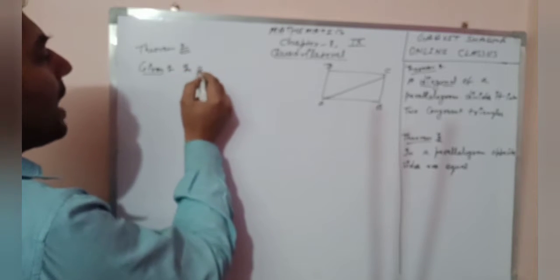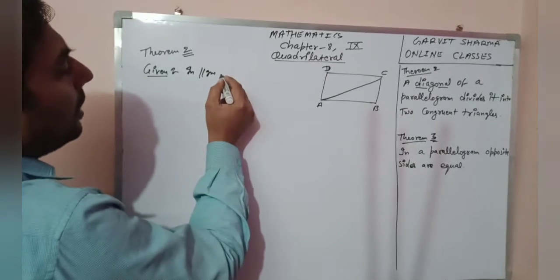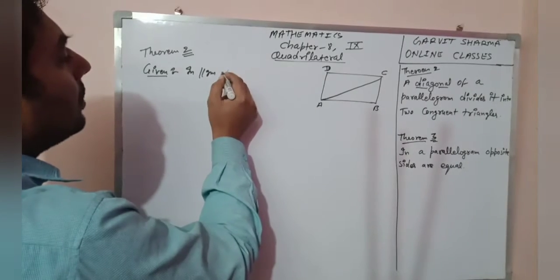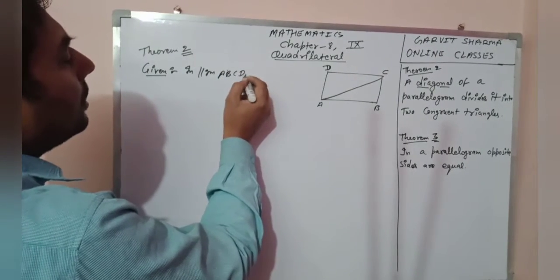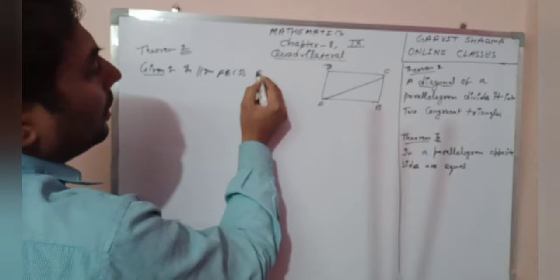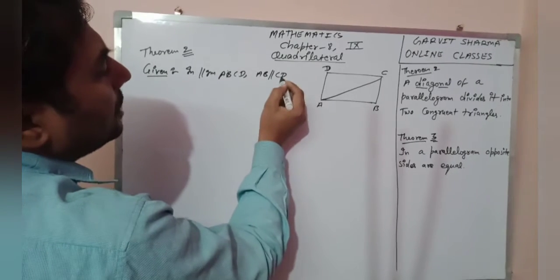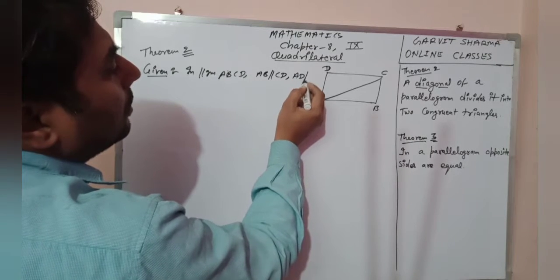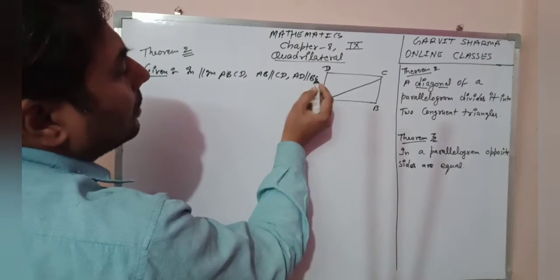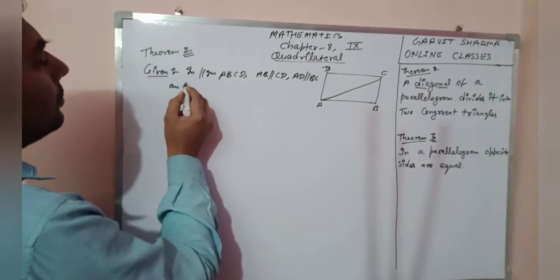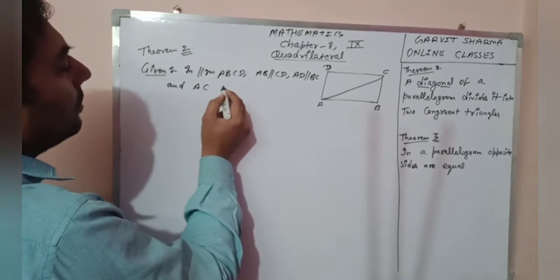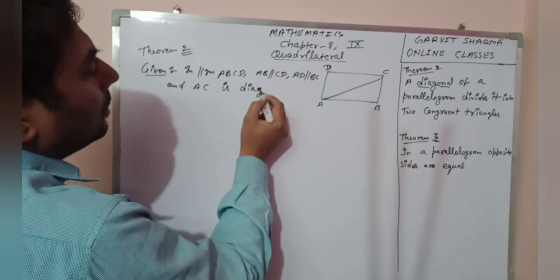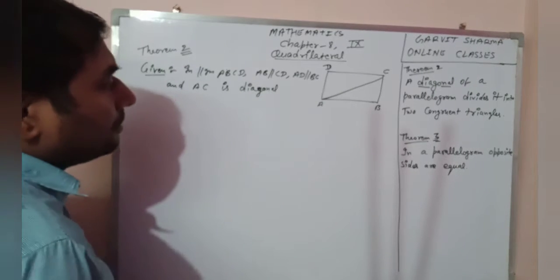In parallelogram ABCD, AB parallel CD, AD parallel BC, and AC is diagonal.